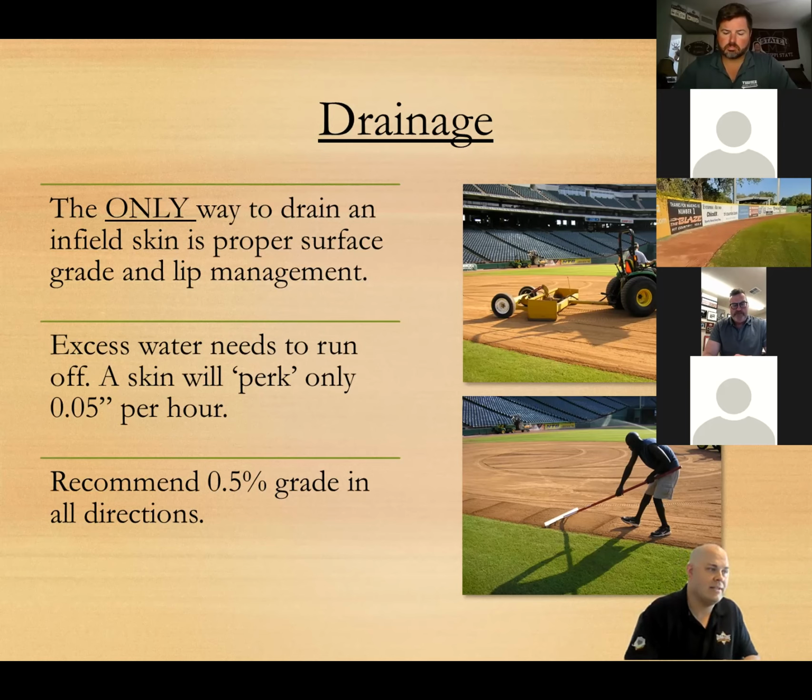It's a steady process to get it through the 4 to 6 inches, depending on how deep their profile is, to have a safe playing surface. And during the game, what they're shooting for is as that moisture falls during first, second, third, fourth inning, there's enough moisture in there that it's staying hydrated so they can have consistent playability.